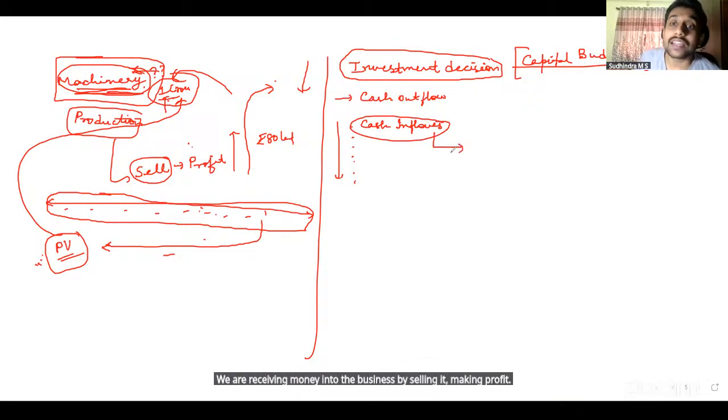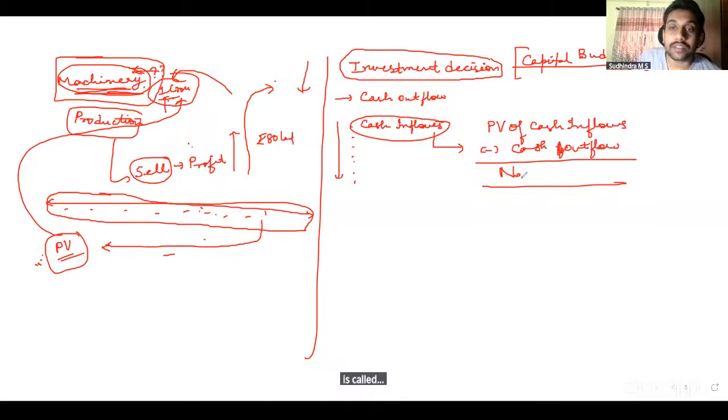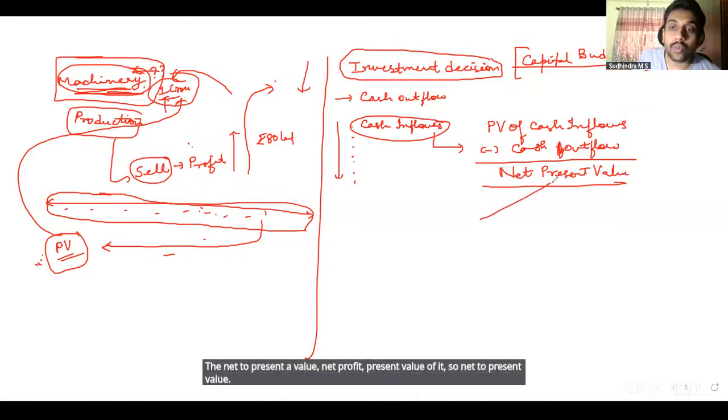So we have to calculate the present value of these cash inflows. Present value of these cash inflows minus the cash outflow is called the net present value, net profit, present value of it.